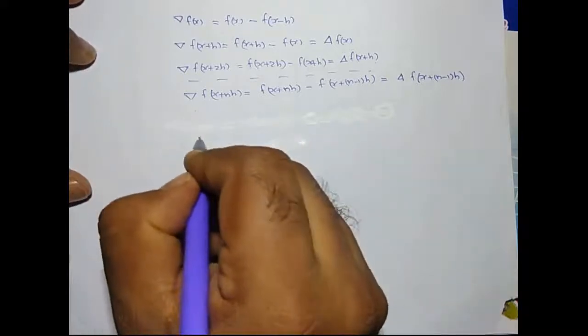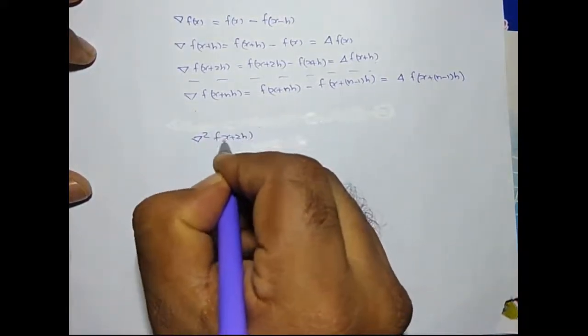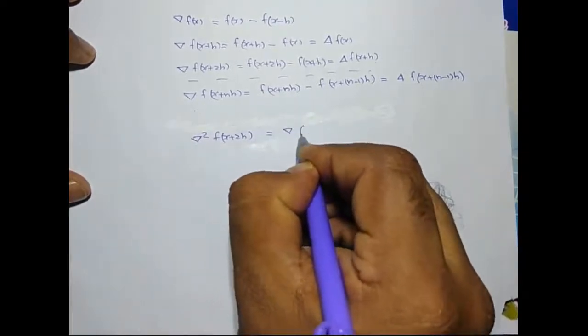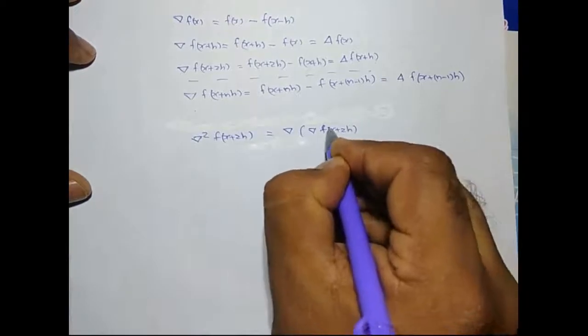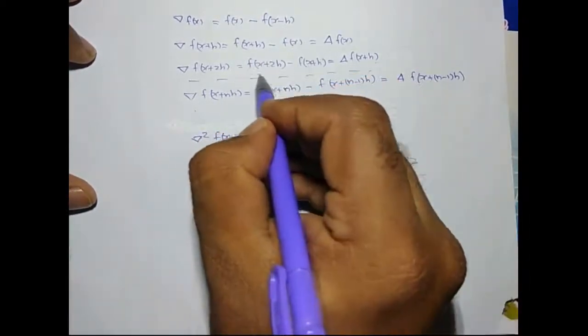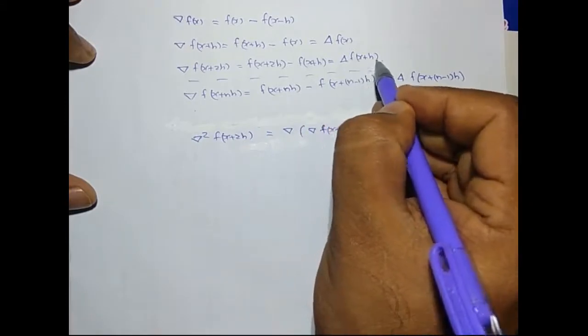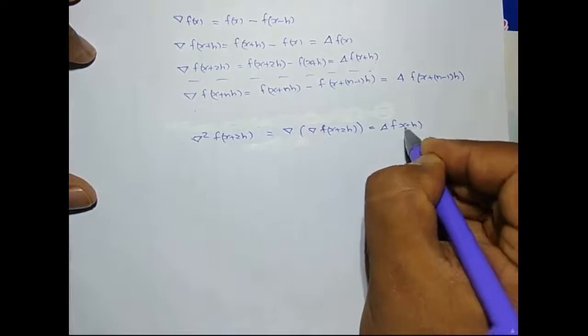Similarly, we may write nabla square f of x plus 2h as nabla of nabla f of x plus 2h. But nabla f of x plus 2h is delta f of x plus h. So this becomes delta f of x plus h.